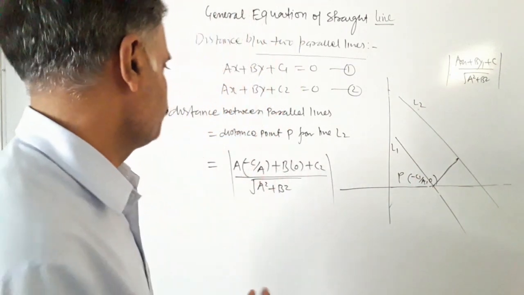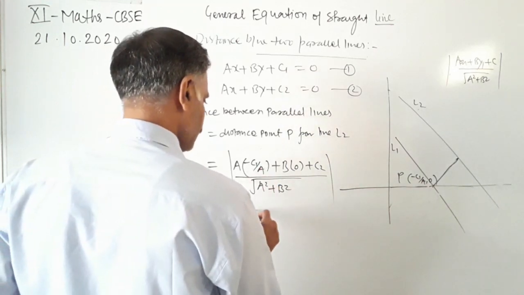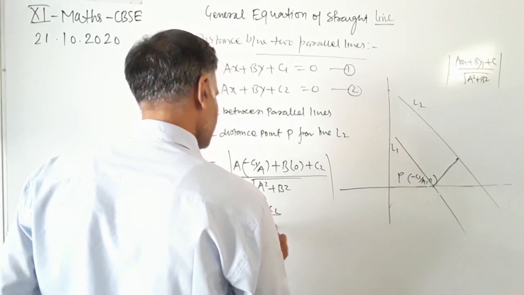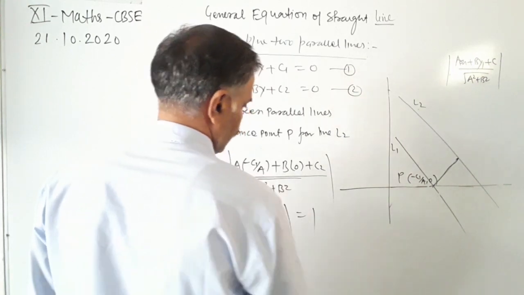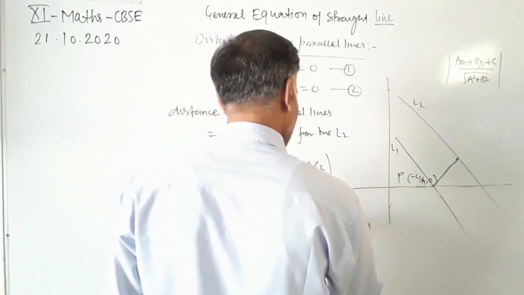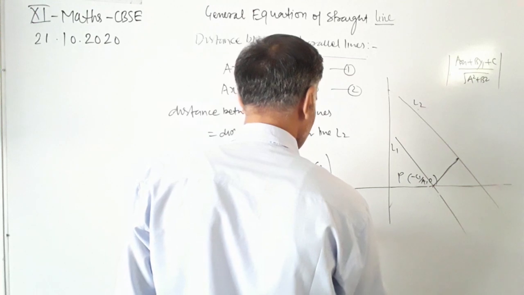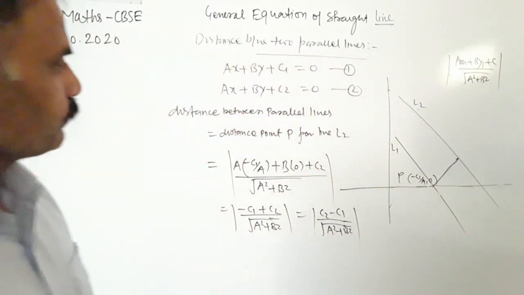Now solving this, a will cancel a, giving minus c1 plus c2 upon under root a square plus b square. This can be written as c2 minus c1 upon under root a square plus b square.